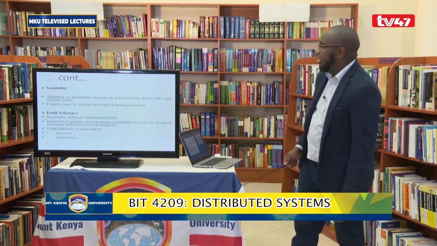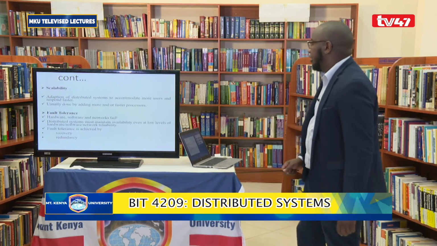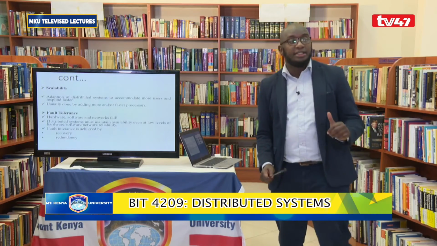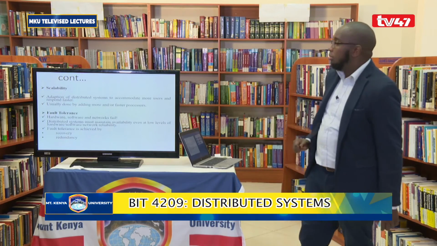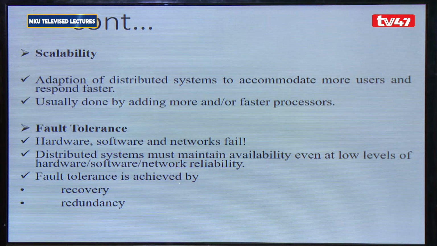Another thing is scalability. A distributed system should be scalable. What we mean by scalable is it should be in a position to accommodate more users, and respond still faster. When we talk about scalability, we don't mean that you increase the number of users and the usability reduces.